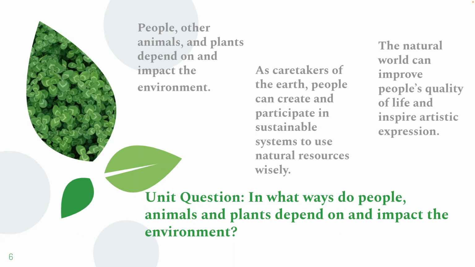And in what ways do animals depend on our environment? And then in what ways do we impact the environment? As the children engage in Unit 4, this is the question that we're going to keep coming back to every week with those unit question charts.